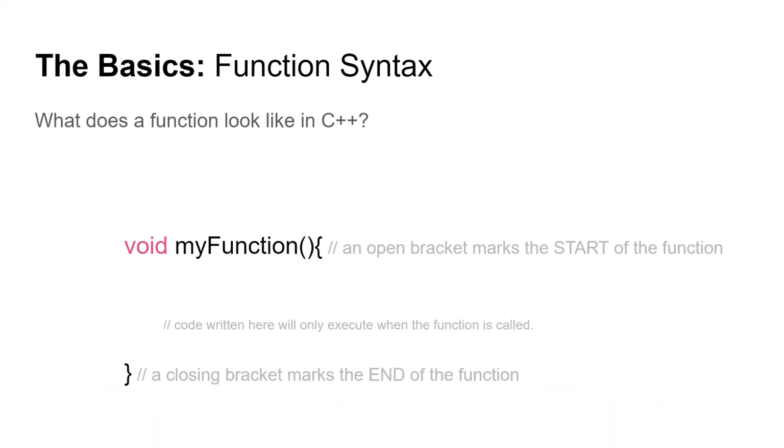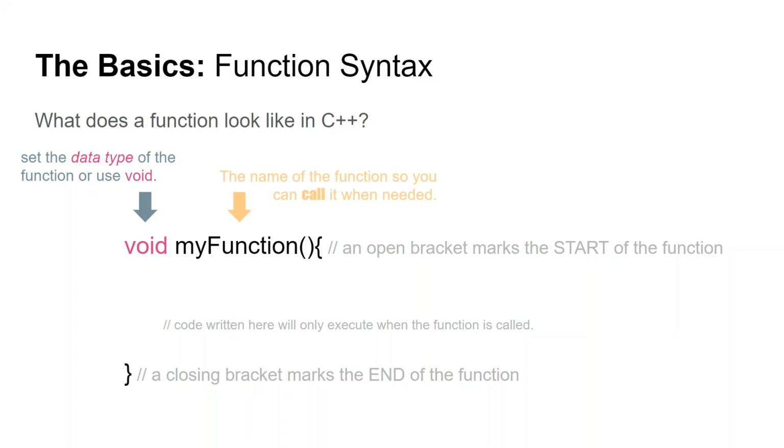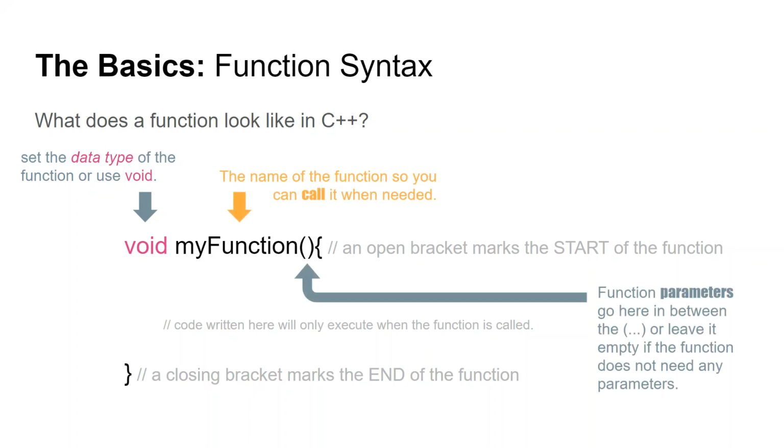Now, the basics of any function: you have a data type declared at the beginning, and in this case we say void if it doesn't return anything. Then you have the name of the function, and then you have parameters that go inside the brackets. That's basically all the parts of a function.